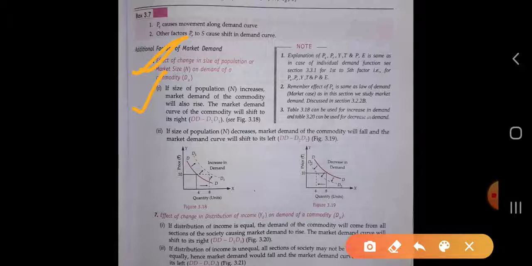Till now you are able to understand all these small things. Whenever the population increases, the demand of any commodity will also increase. It means the demand curve will shift to the rightward.